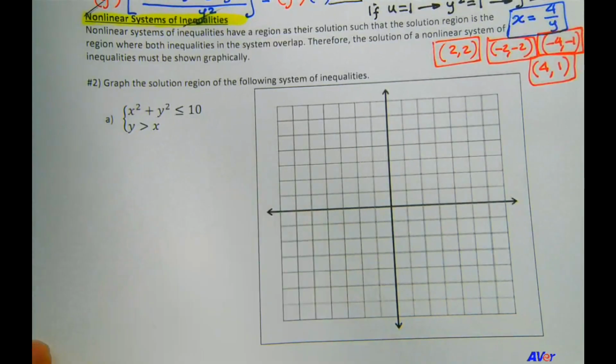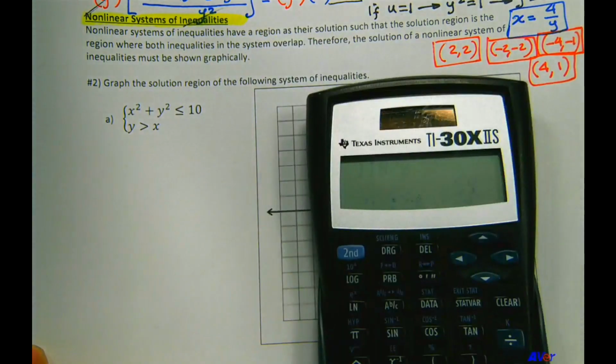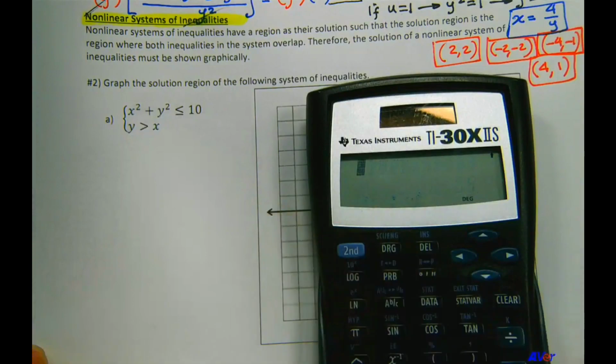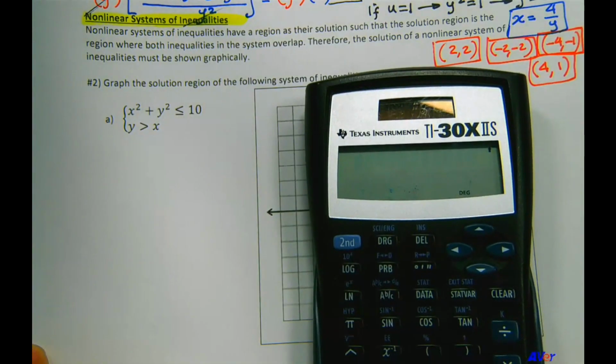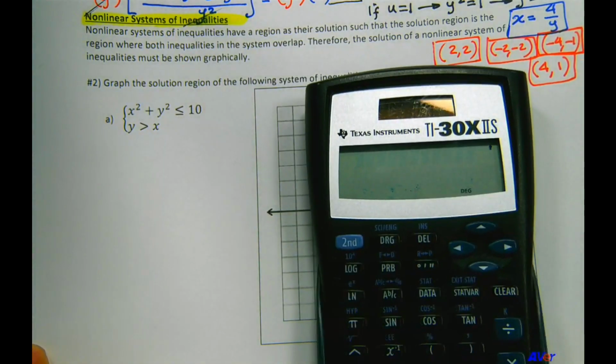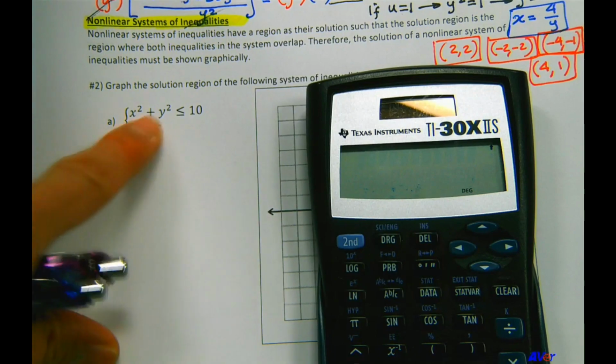Let's see if I can find my calculator here. This is a typical equation of a circle. If you don't know that, that's fine, but those of you who will be taking trigonometry or math 127, you will become very familiar with that. Okay? So that's the equation of a circle.